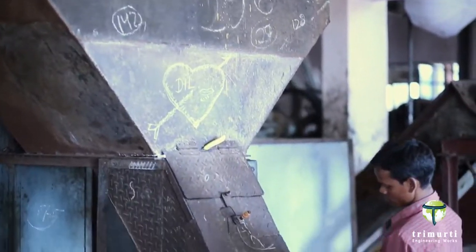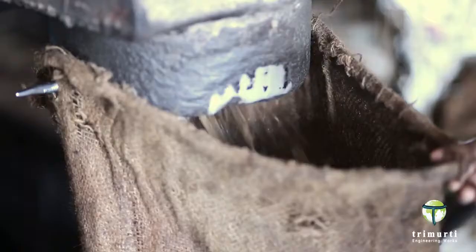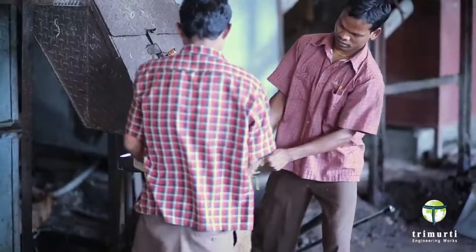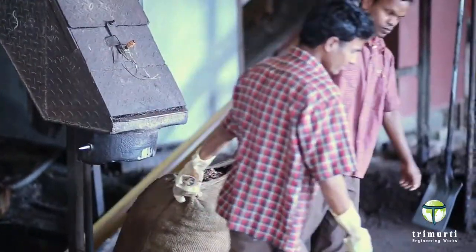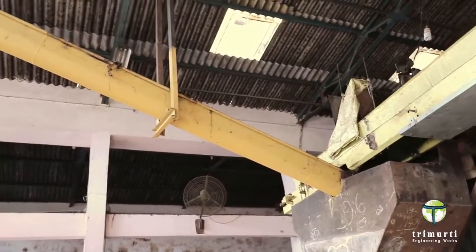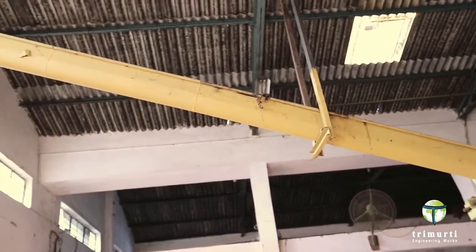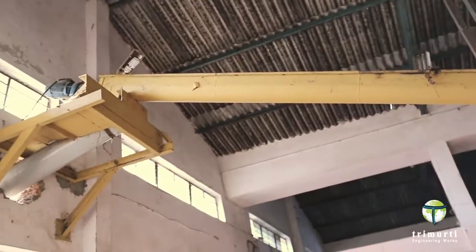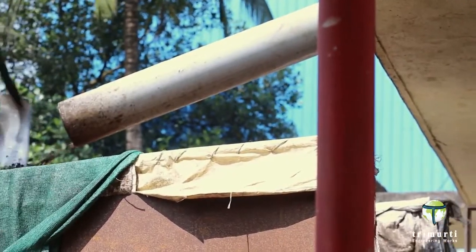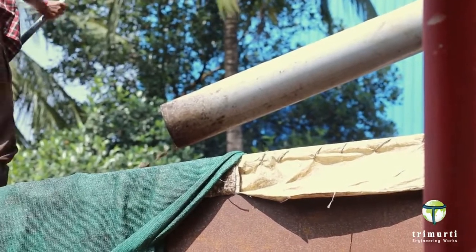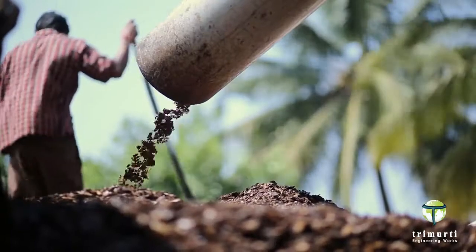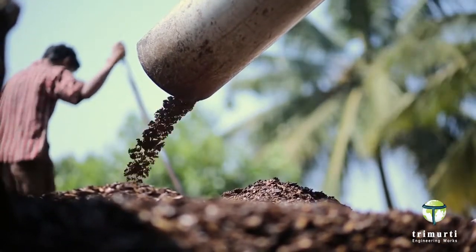Here, the shell cakes are packed in gunny bags manually to be sold later. Alternatively, these shell cakes are directly loaded in the truck through an inclined screw conveyor. As mentioned in the previous process, these shell cakes along with wood can also be utilized as a fuel to fire the boiler.